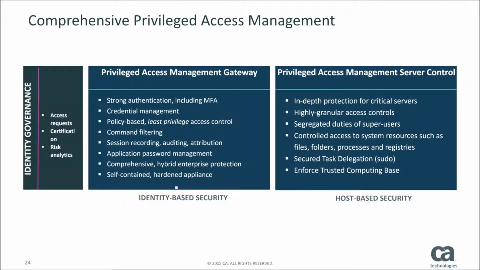Because that way you have a complete process how the access is being requested, how it is being granted, how you can analyze who has what access, while introducing strong protection like strong authentication, credential management, policy-based least privilege access controls, command filtering, session recording, auditing and attribution, password management for applications, so you can prevent rogue system access or malware access by using well-known passwords which are in some text file scripts and something like this.